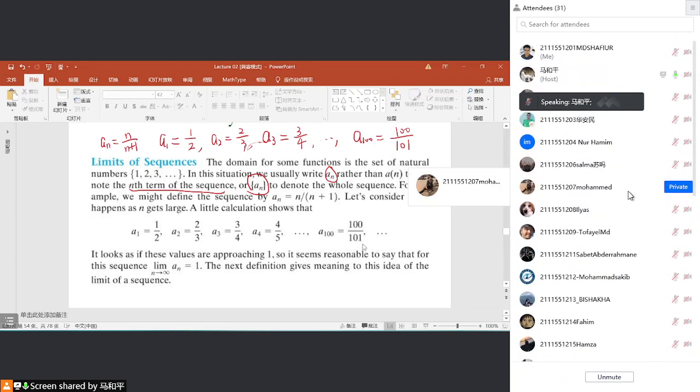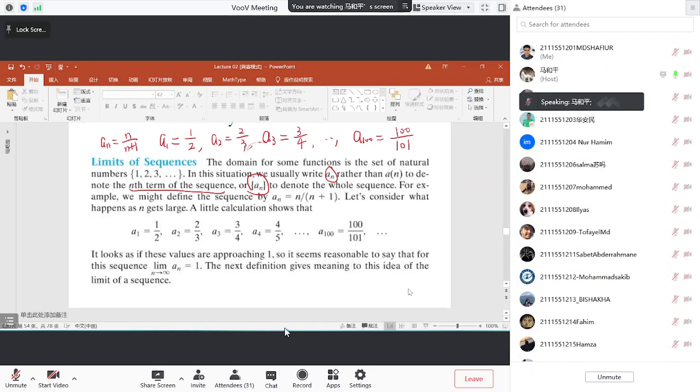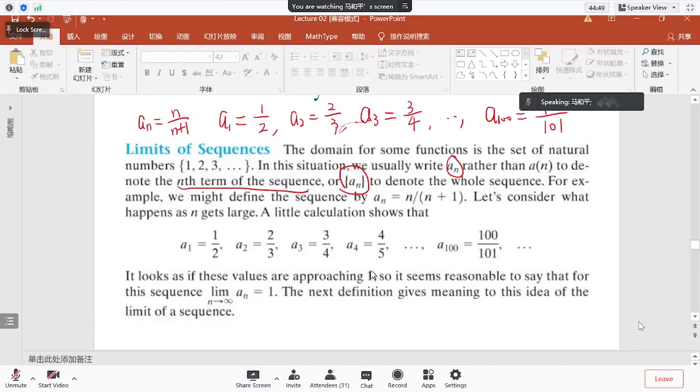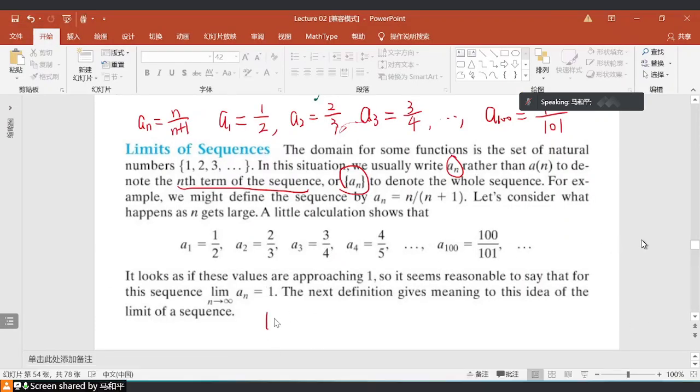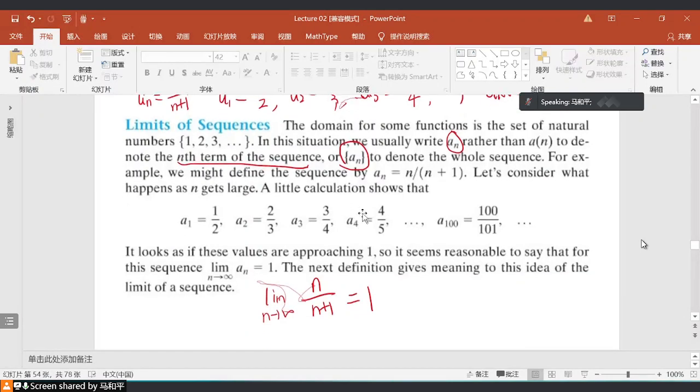So it seems reasonable to say that for this sequence, the limit as n approaches infinity of n over n plus 1 is 1.